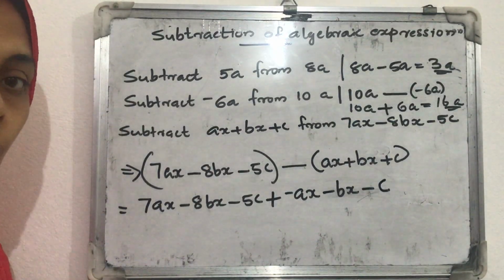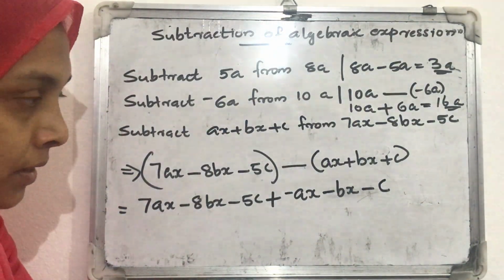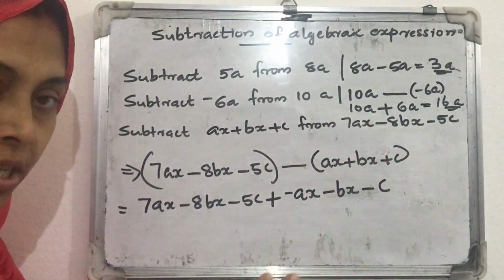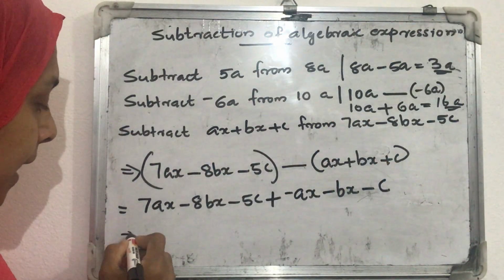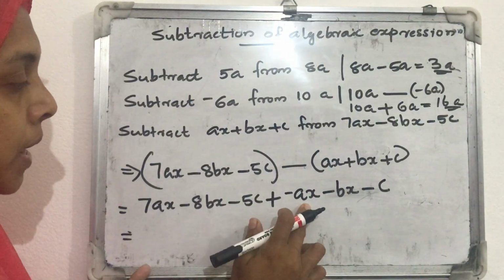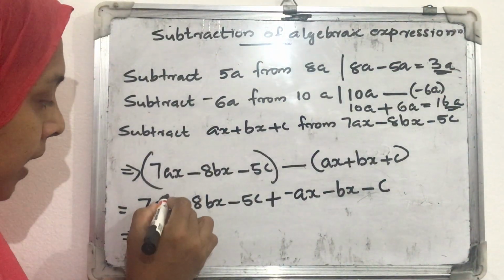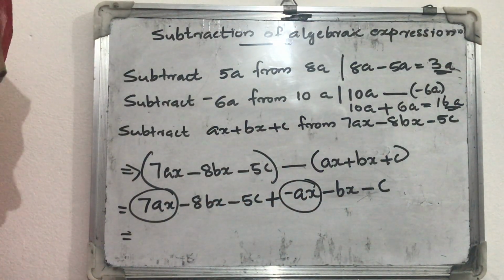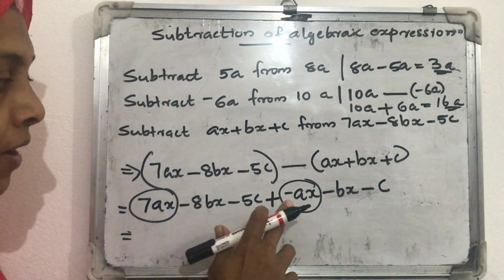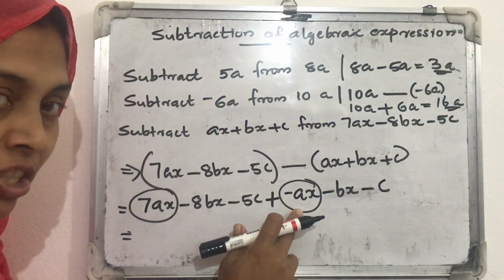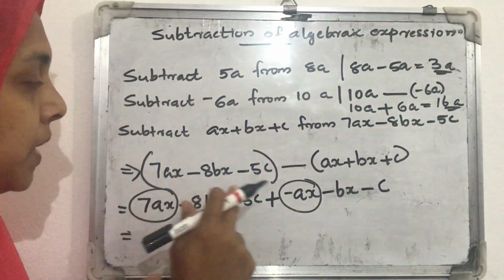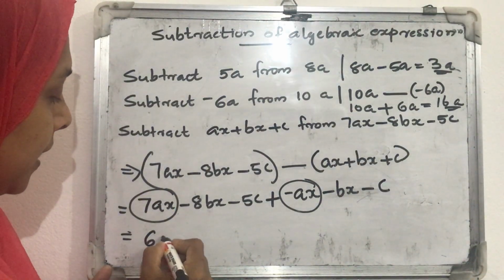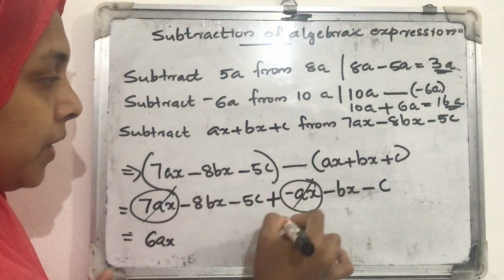Then we can use the rule of addition. Now find the like terms. 7ax and minus ax. What is the coefficient here? 7. And in this, it will be minus 1. So 7 plus minus 1 is 6, giving 6ax.